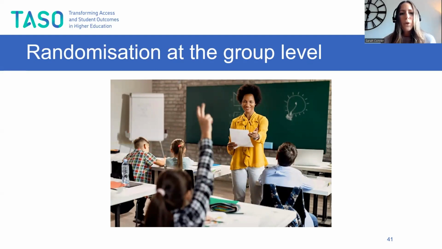So for instance, if you have 8 different English classes within a school, rather than tossing a coin for an individual, you're tossing a coin for that class. Heads, that whole class receives that additional tutoring, or tails, that whole class doesn't receive it. So you're then comparing outcomes in individuals, but across classes, rather than just looking at individuals.